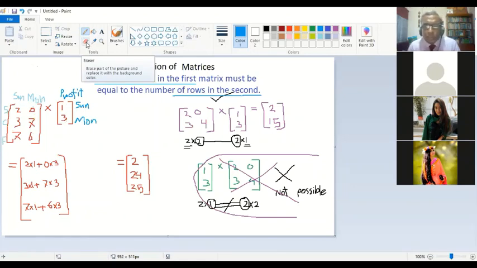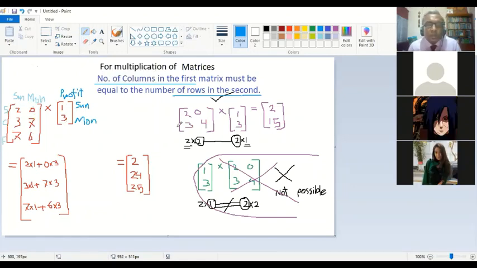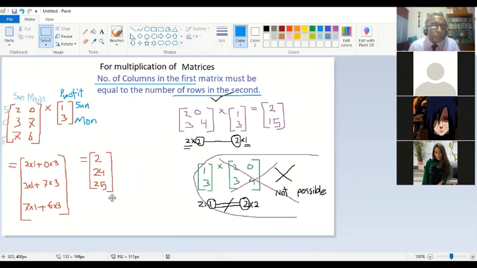Is it possible in real life? Yes, sir, it is possible. Why would this happen? Selling on Sunday gives less profit. Actually it is possible.